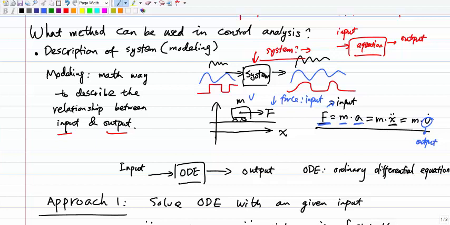A lot of times we can represent the system by what we call an ordinary differential equation. To characterize the relationship between the input and output, if I give an input u, for example, and the output is, let's say, y, the relation is given by an ordinary differential equation.